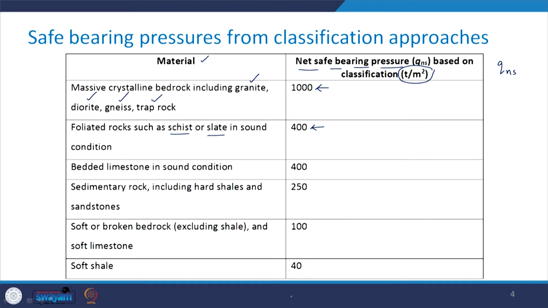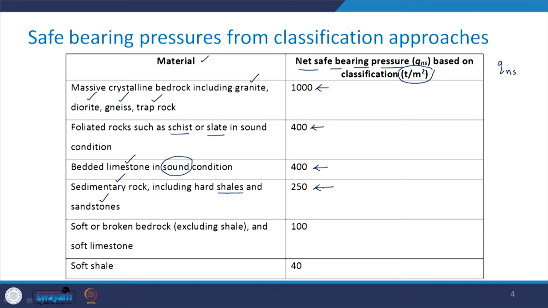For bedded limestone in sound condition, again the value can be taken as 400 tonnes per meter square. For sedimentary rocks including hard shales and sandstones, this value reduces to 250 ton per meter square.